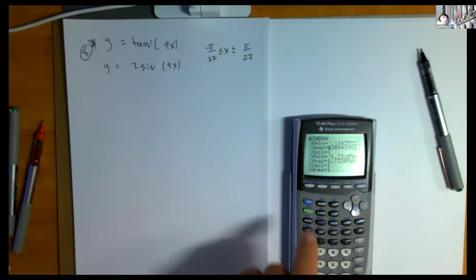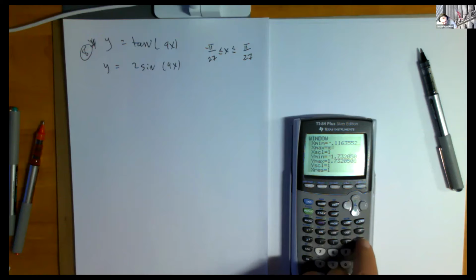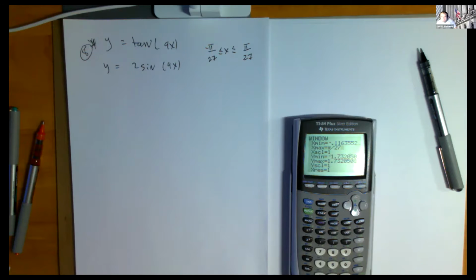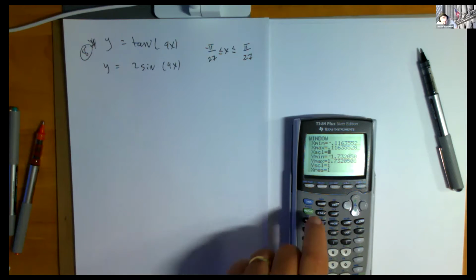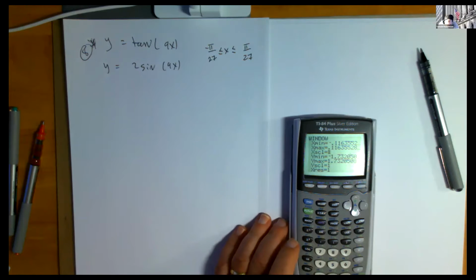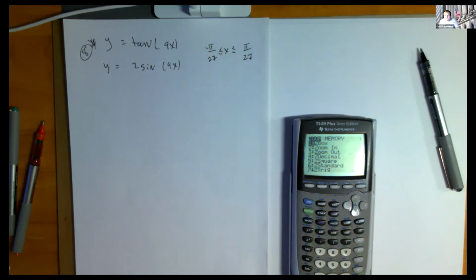The maximum value is positive pi divided by 27. And now we're going to do zoom to fit. Zoom 0. I like zoom 0. You can pick what you like. And eventually we get a picture that looks something like this.